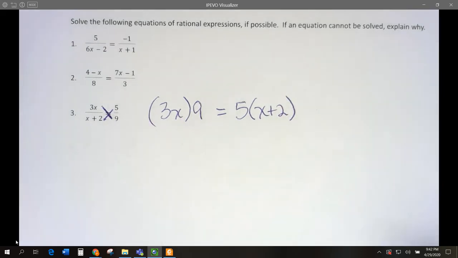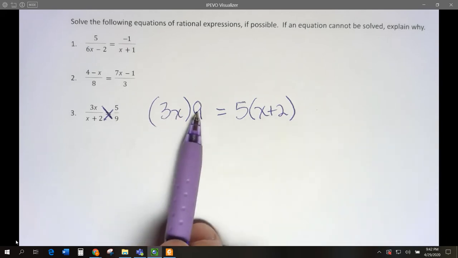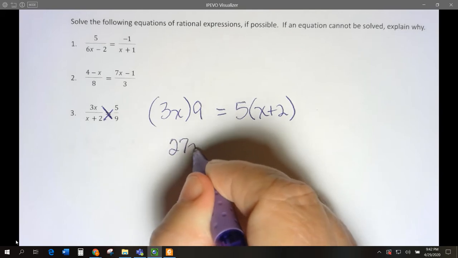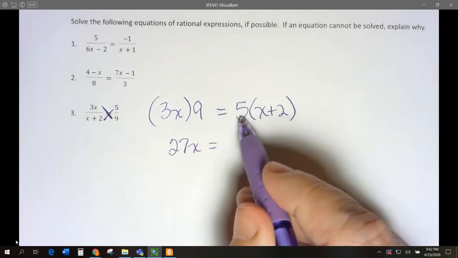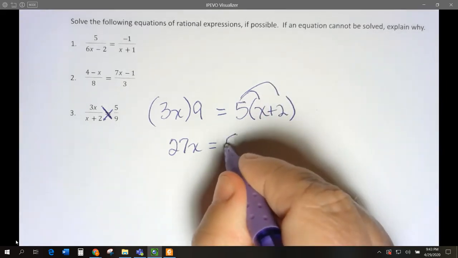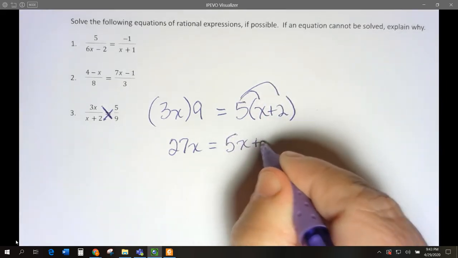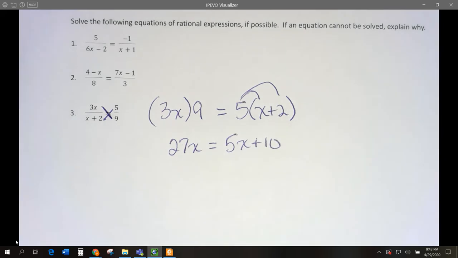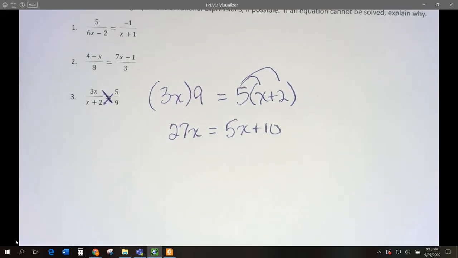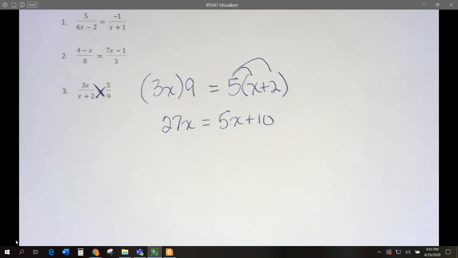It really doesn't matter. 9 times 3 is going to be 27x equals, well, distributive property, right? 5x plus 10.